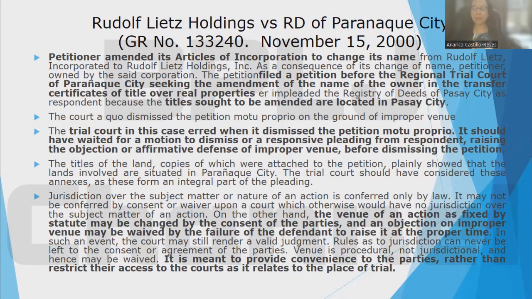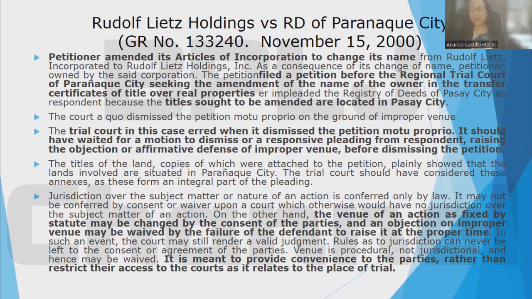Okay, you must remember that the moral of the story in the case of Rudolph versus RD of Parañaque is that the court cannot by itself, motu proprio, without any motion, dismiss a case for improper venue. Okay. The venue of an action as fixed by statute may be changed by the consent of the parties, and an objection on improper venue may be waived by the failure of the defendant to raise it at the proper time.